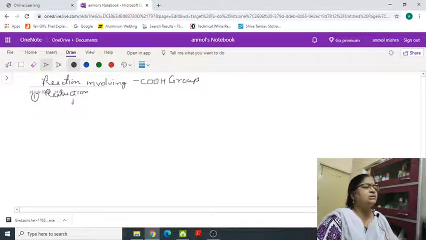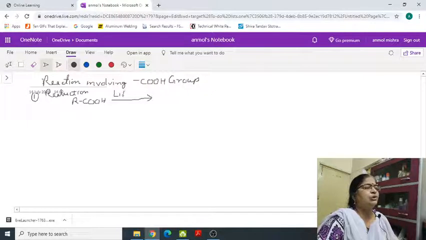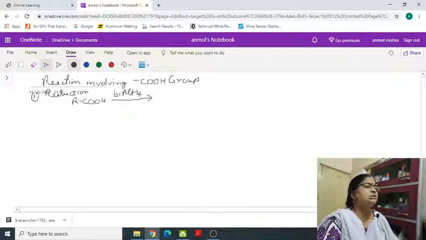Carboxylic acid undergoes reduction to form alcohol in the presence of the strong reducing agent lithium aluminum hydride, followed by acidic hydrolysis.